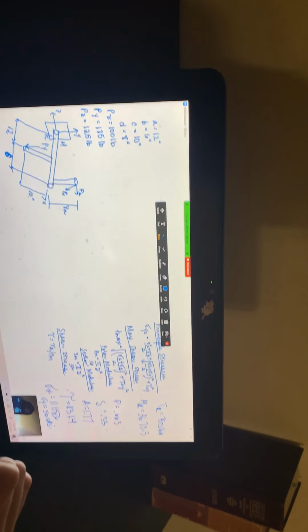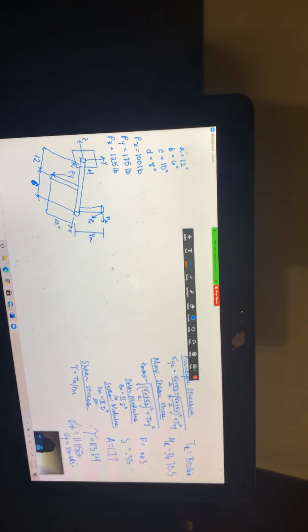Okay, now that we have all the values, now we can plug it all in to this equation.